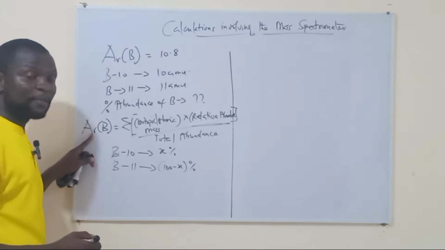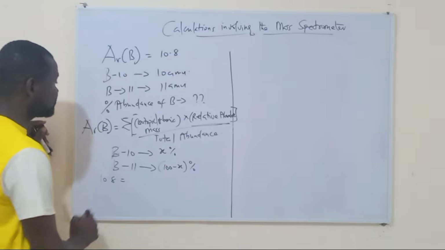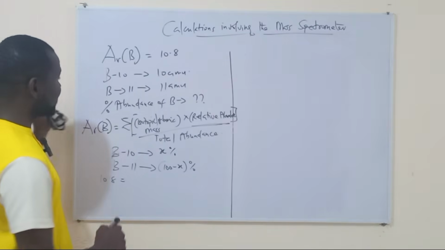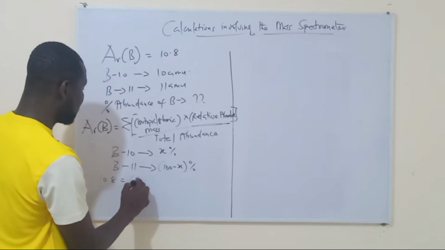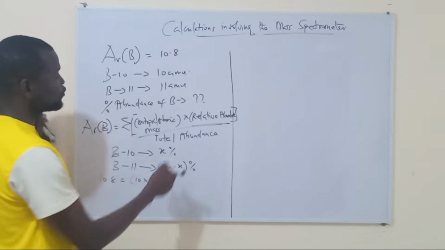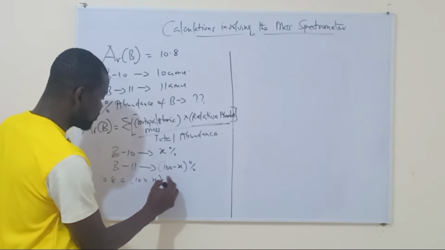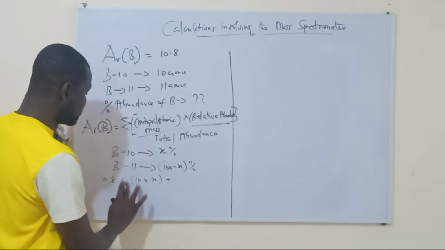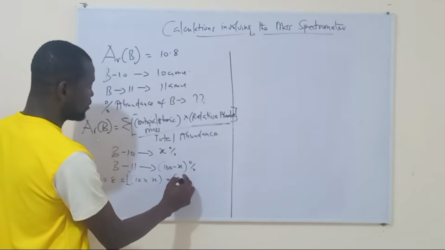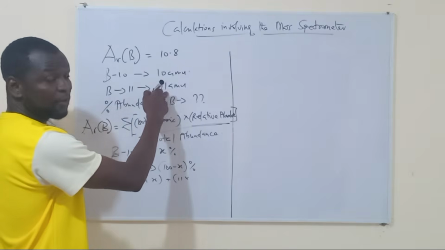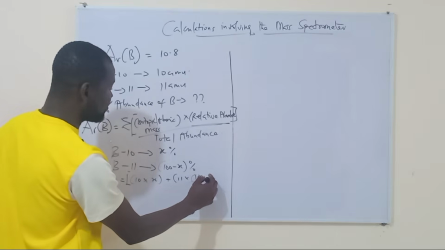For the relative atomic mass of boron, we said it is 10.8. The atomic mass of boron 10 is 10, and its relative abundance is x, plus the next is boron 11. Its atomic mass is 11, and its percentage abundance is 100 minus x.